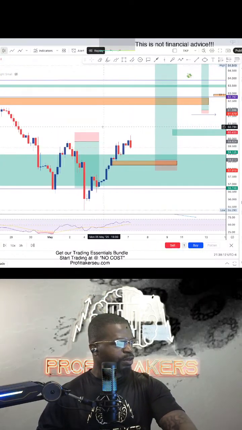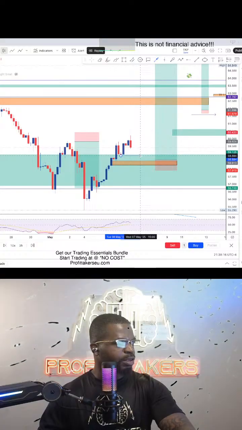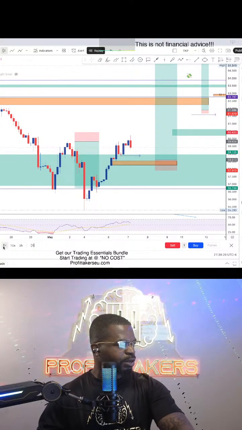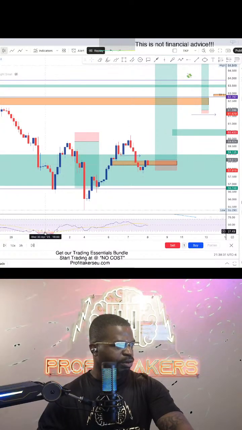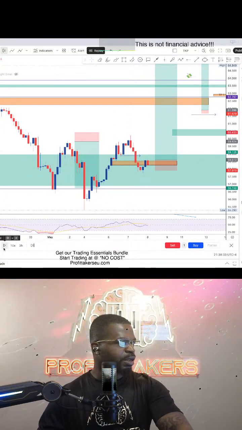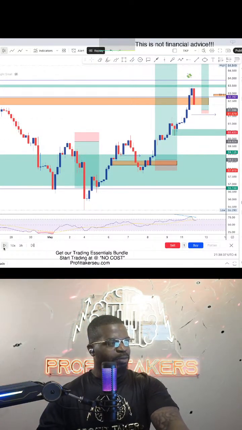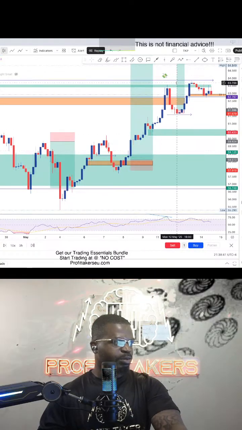I noticed the market moving up, and when that happened, it started to make these relatively equal lows. Okay, so what I did was I just waited on price to pull back and retest that area. We waited on our confirmation, and when price pulled back into our zone, we took the buy on oil, and this thing took off. So it happens whether you're looking for moves to the downside or to the upside.